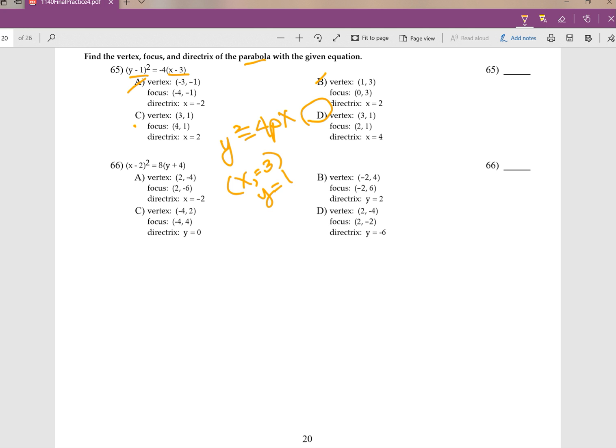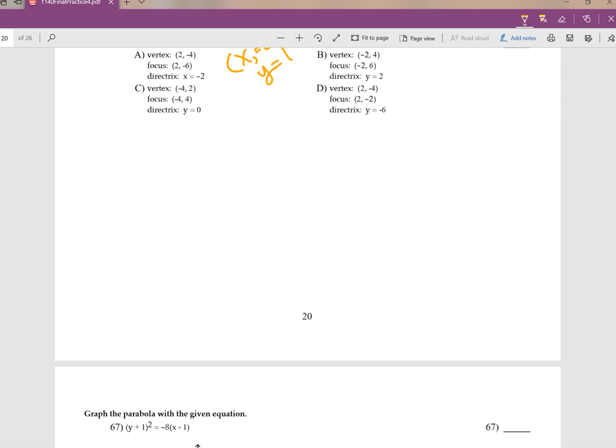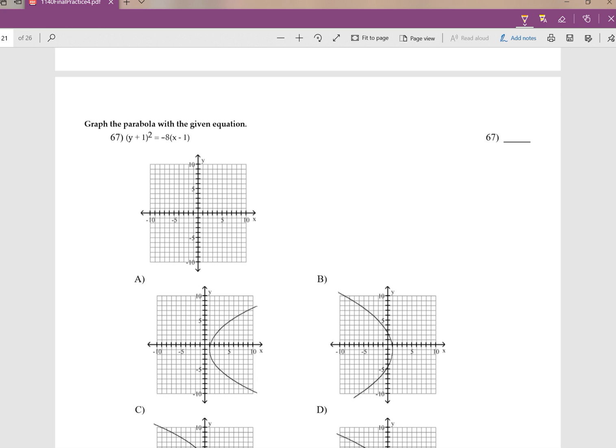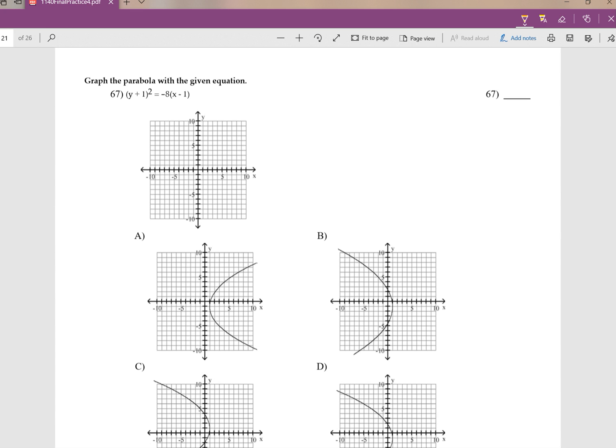So for 65, your answer should be D. You can also tell that if you have a -4p for the focus, that's fairly easy to tell just using the equation. I'm not doing 66, that's the same thing as that. You could do that yourself.